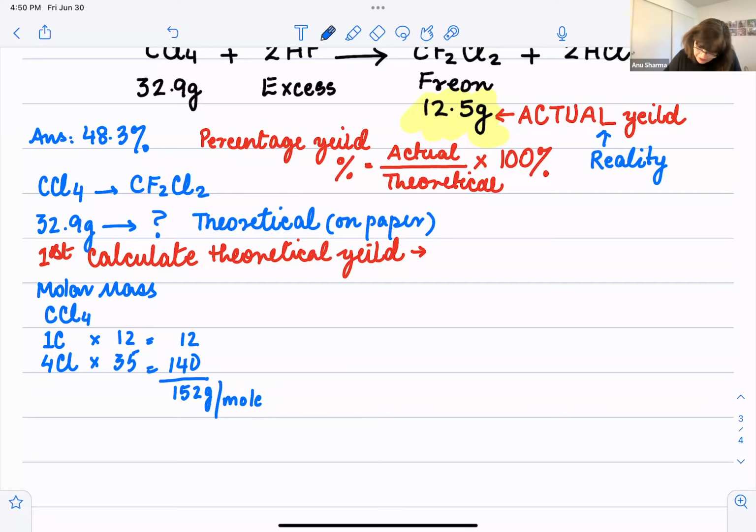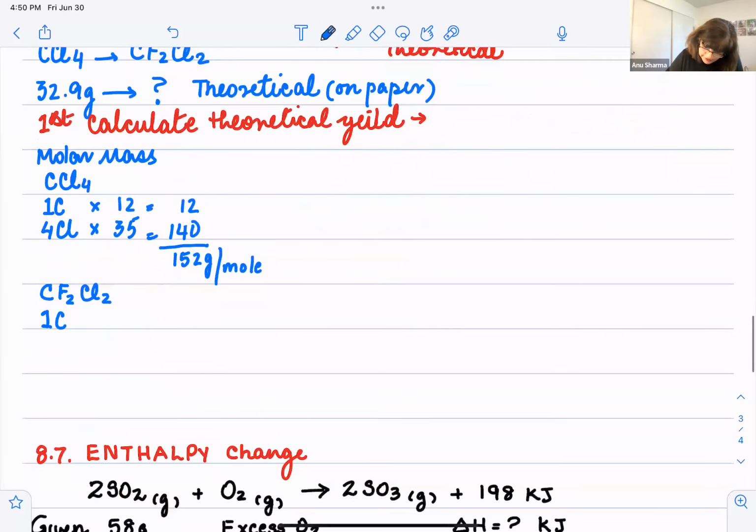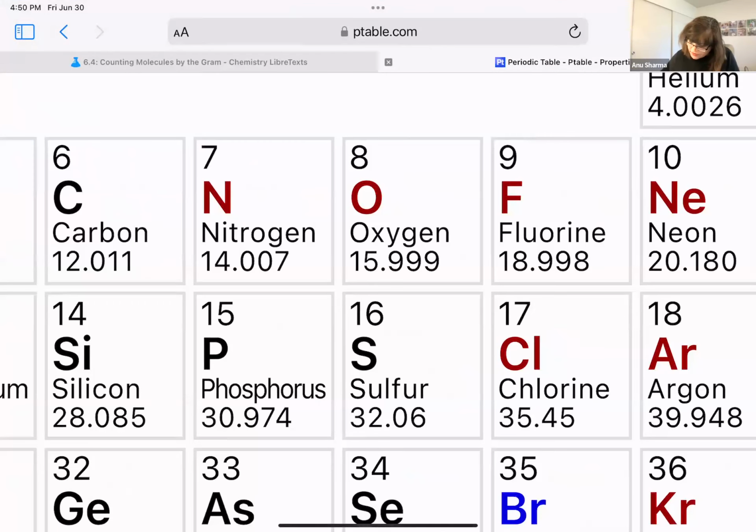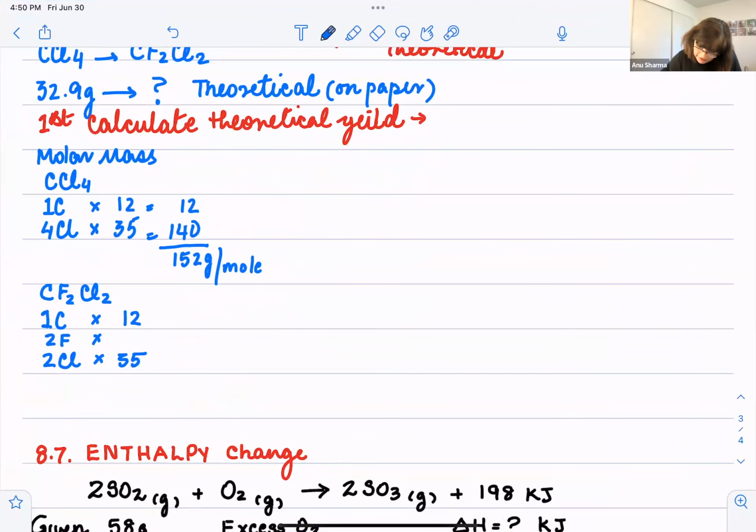And then the rest is CF2Cl2. There's one carbon, 2 fluorines, and 2 chlorines. The weight of one carbon is 12, chlorine is 35, and fluorine, as far as I remember, is 19. So 19 times 2 is 38, and 35 times 2 is 70.